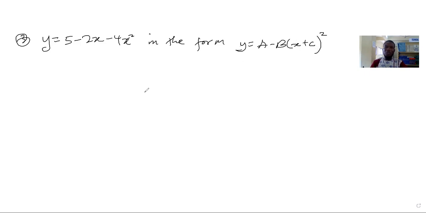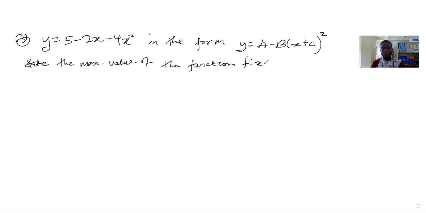So here, hence state the maximum value. Let me just write that. Of the function of x maps onto 5 minus 2x minus 4x squared.